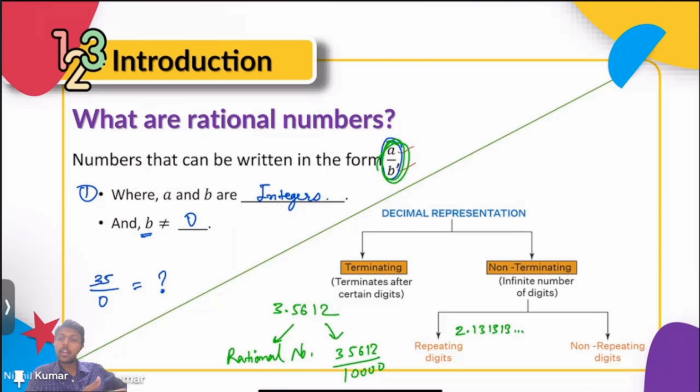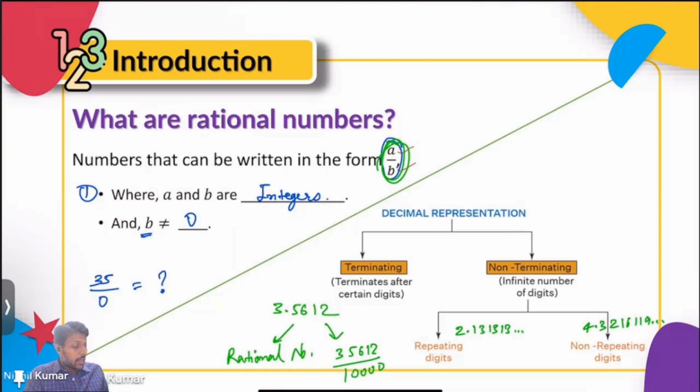This is one kind of non-terminating decimal. The other kind of non-terminating decimal is where you can't really find a pattern anywhere. Something like 4.3216119 dot dot dot. We don't know what number is going to come next. We can't find a pattern.